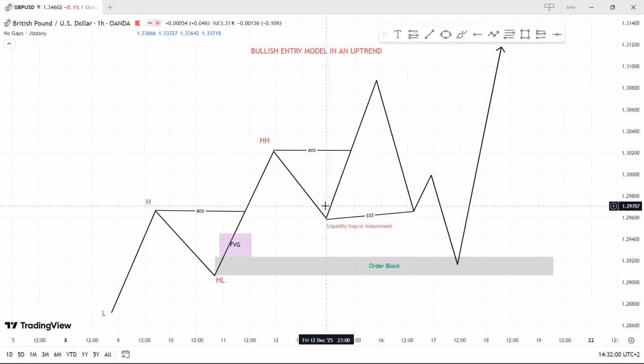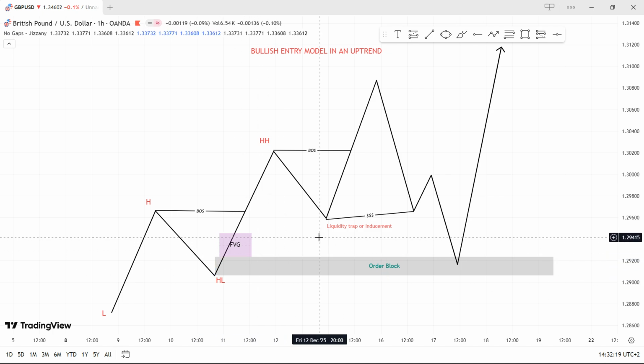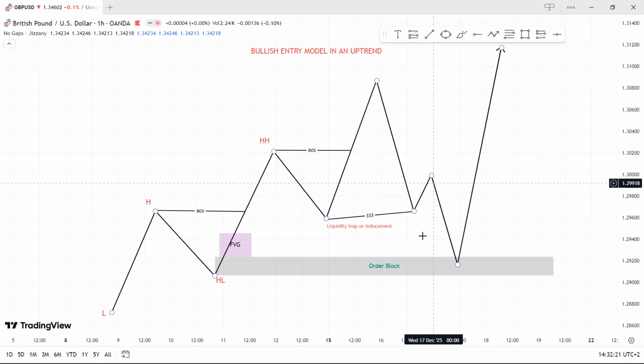To avoid getting trapped, always make sure that price mitigated all previous order blocks that were with volume before you can decide to take that buy. In this case, price left this area unmitigated, meaning that it didn't tap into the order block before we got to this move.